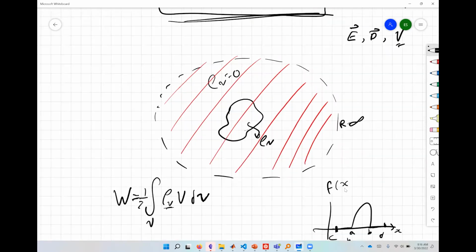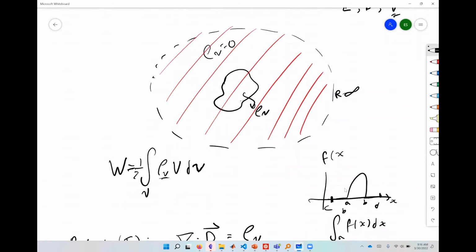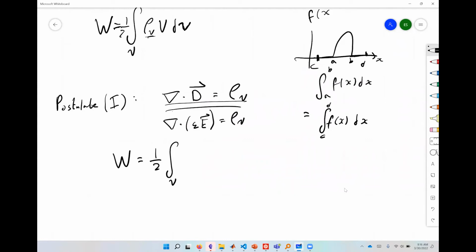The point is that this integration is going to have a limit. It's going to amount to something. It's not going to be infinity. So this is going to be divergence D instead of rho V times V dV.